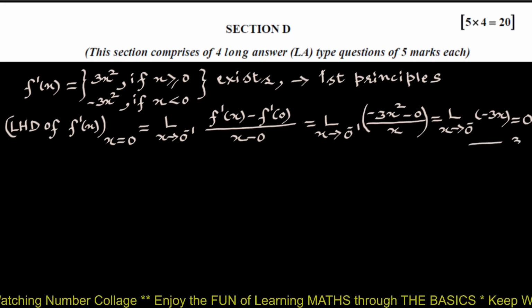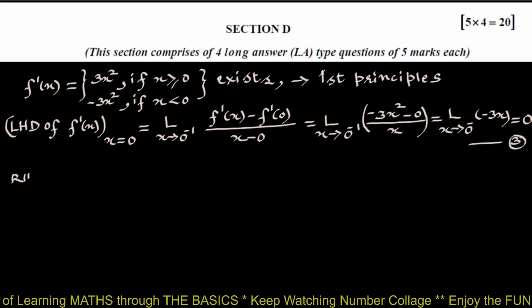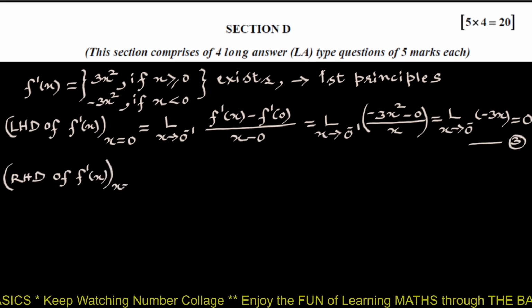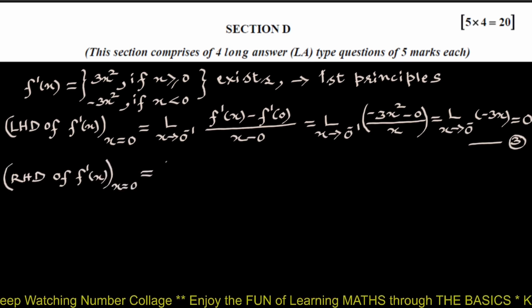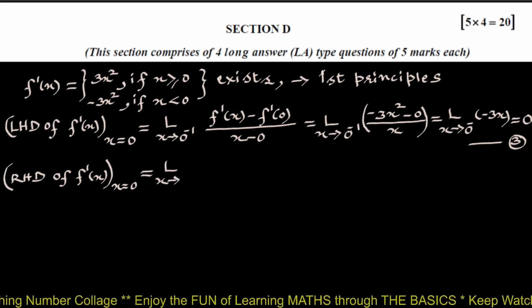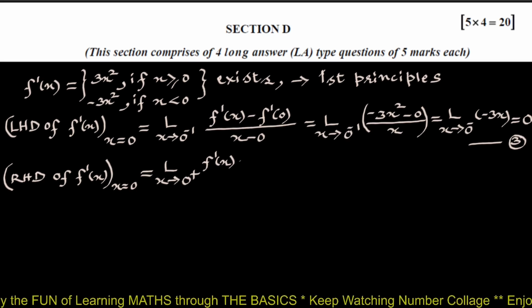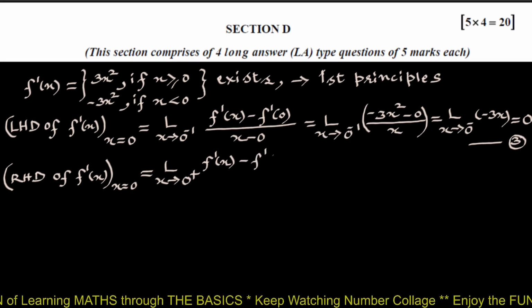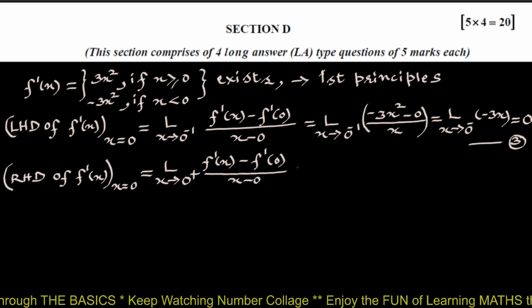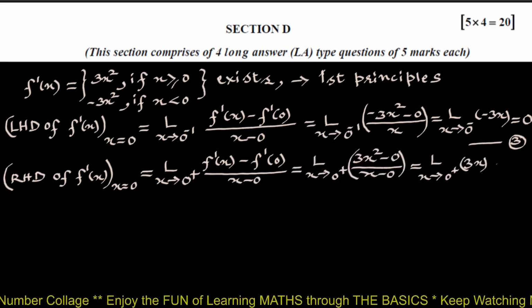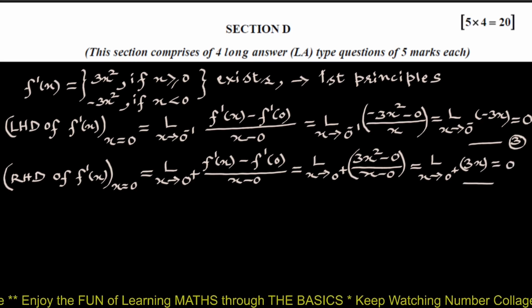We name this 3. Next, the right hand derivative of f dash of x at x equals 0 will be, as usual, limit as x tends to 0 positive of f dash of x minus f dash of 0 upon x minus 0, etc. The right hand limit of 3x at x equals 0 will be 0. We name this 4.